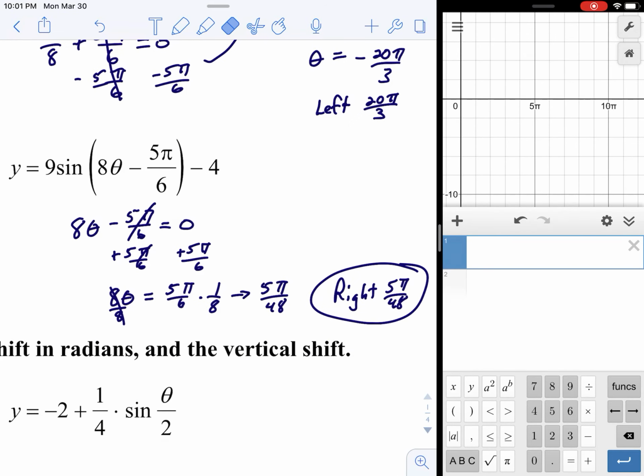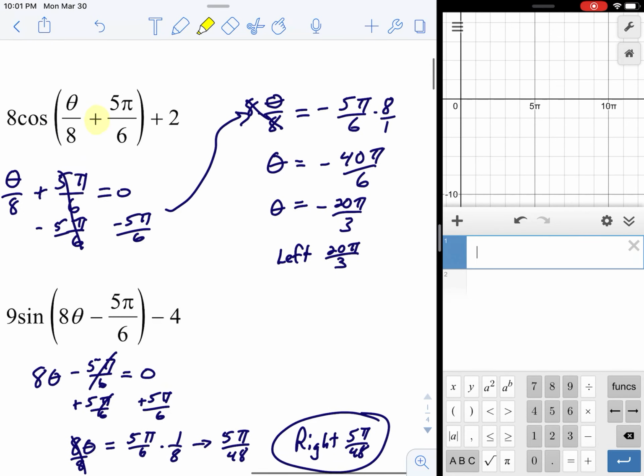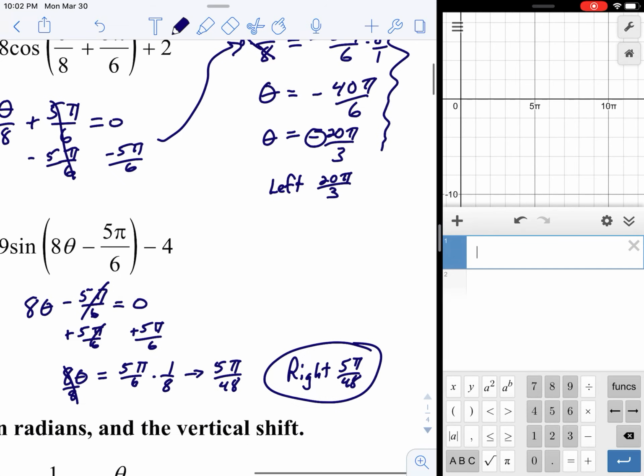And this one you would think a negative would be left, but this, as you see, is actually to the right. So if you have this sort of memory about horizontal shifts always going the opposite, that's if you look at the original equation. But when you go off to the side here and you set this equal to 0 and work it out, we're back to good old normal intuition. Negative is left, positive is right.